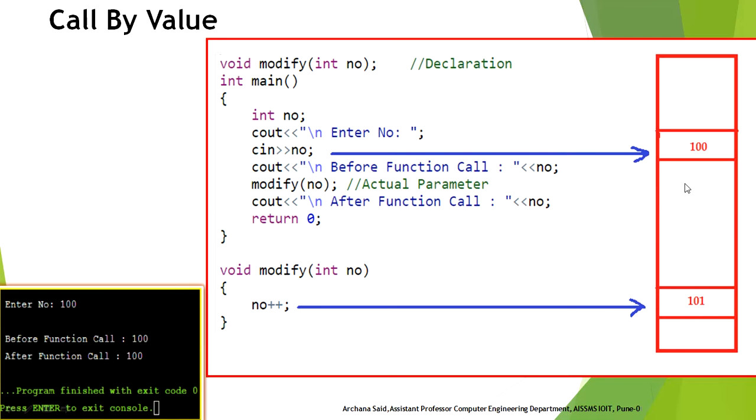Two different memory locations are there in RAM, and the updated value is present at this location only. If we try to print the value of NO, we'll get the same value as was printed before the function call. You can see in the program output, the value we entered was 100, and before and after the function call we are getting the same value. So if you don't want the changed value reflected in the place from where the function is called, you can go for call by value.